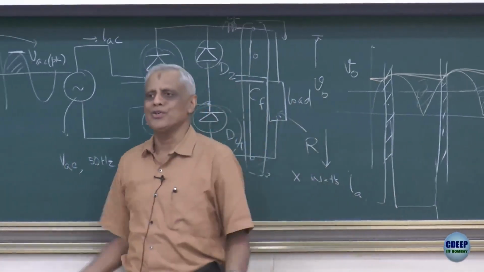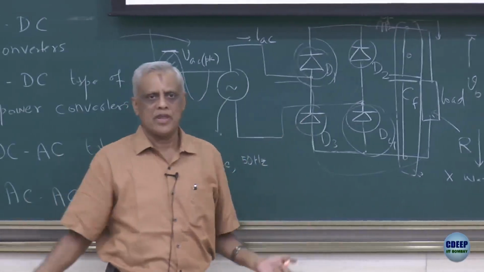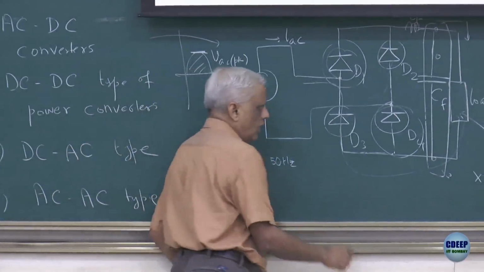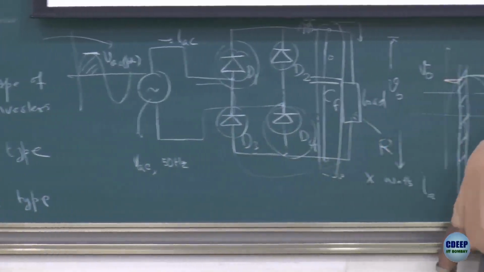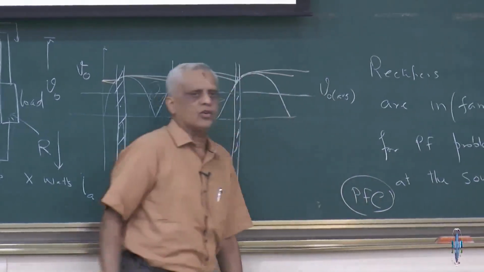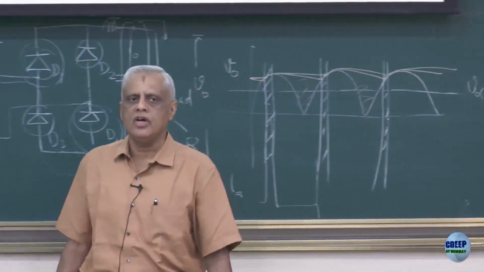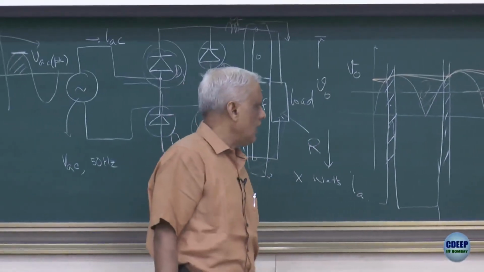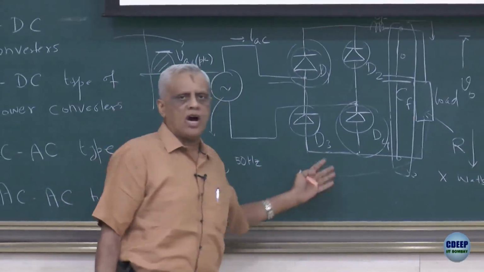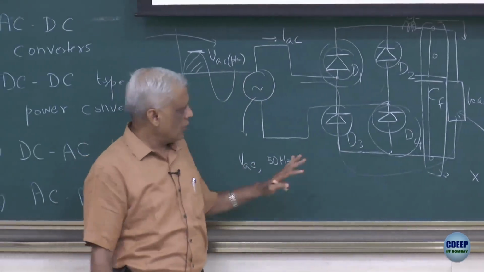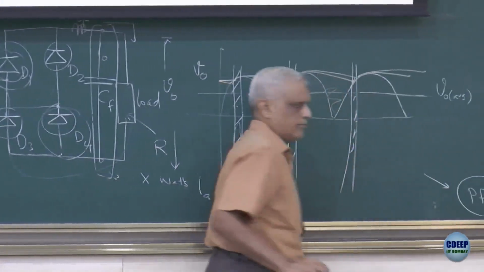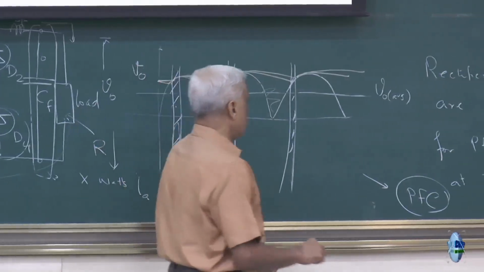So your voltage also distorts because of this. Therefore there is a need for what is called power factor correction, or simply PFC, and it's very common in these kinds of power electronic systems.